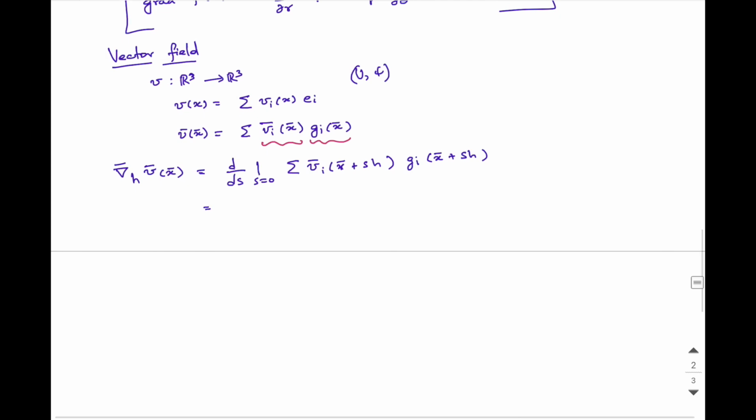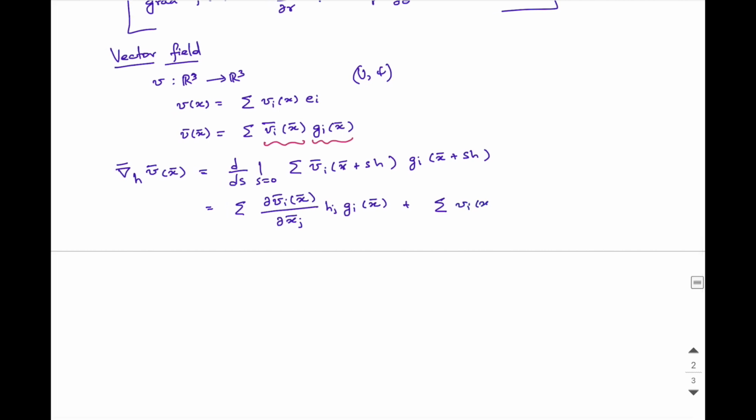So the first term here would be the derivative of the first quantity v^i bar, so it's going to be the summation of partial v^i bar at x bar divided by partial x bar^j, times h^j, and the other term just becomes g_i of x bar when evaluated at s equal to 0, plus the second term, which is again v^i at x bar, because when you set s equal to 0 it's the same, and the partial derivative of g_i at x bar with respect to x bar^j, and then the derivative of the argument with respect to s, which is nothing but h^j.